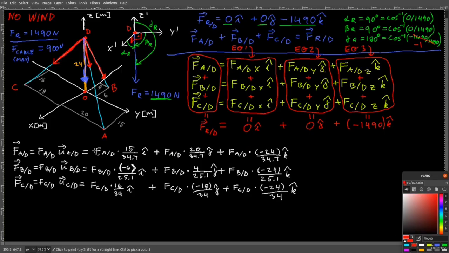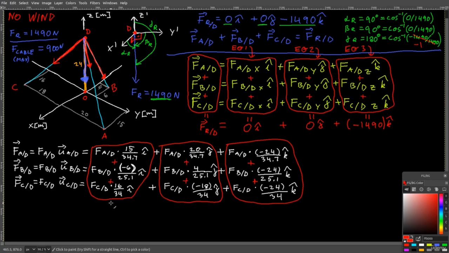And that's very good, because if I now add the i components, the j components, and the k components, then here I will need to have 0i, here 0j, and minus 1490k, because this is what your resultant force vector is.